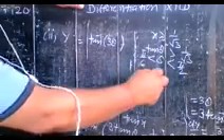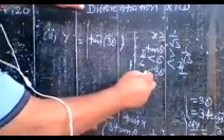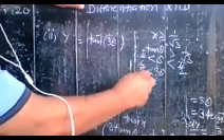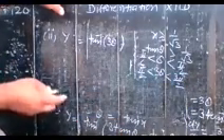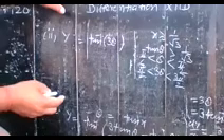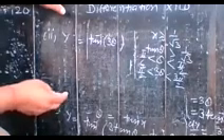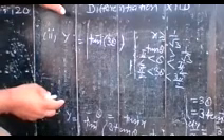Now what about 3 theta? The value of 3 theta is greater than pi by 2 and less than 3 pi by 2.